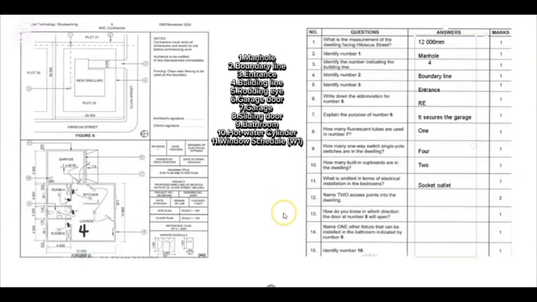The first one is the sliding door or the main door with number 8. And the second one, the garage door at number 6.